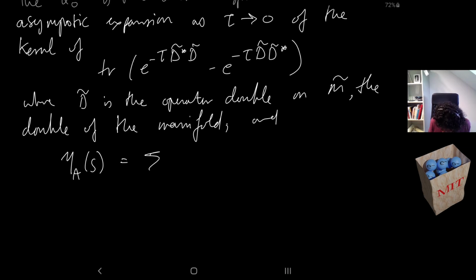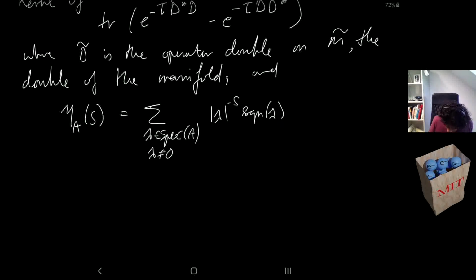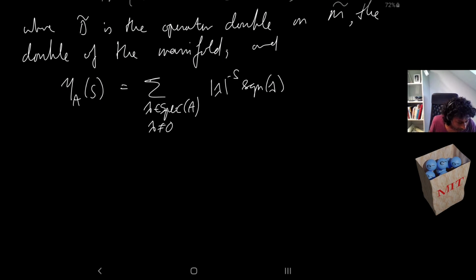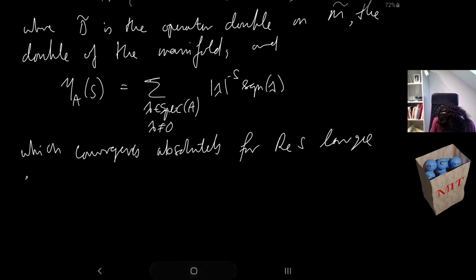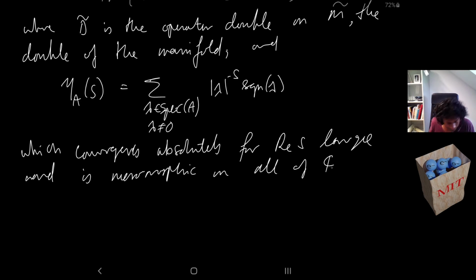So this is the sum over the spectrum of the non-zero eigenvalues lambda to the minus S signum of lambda, which converges absolutely for the real part of S large, and is meromorphic on all of C. Okay?